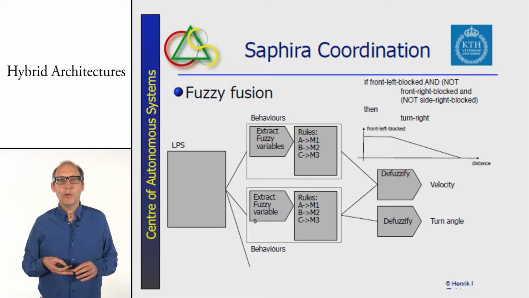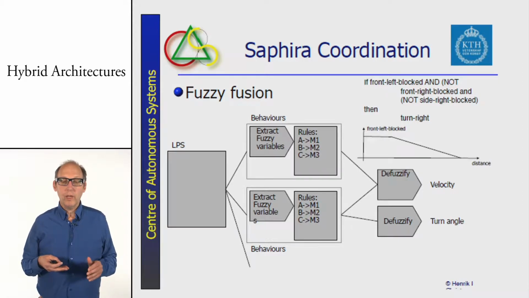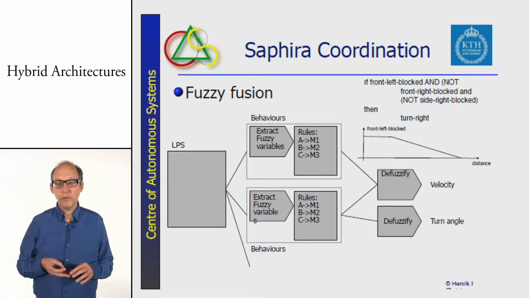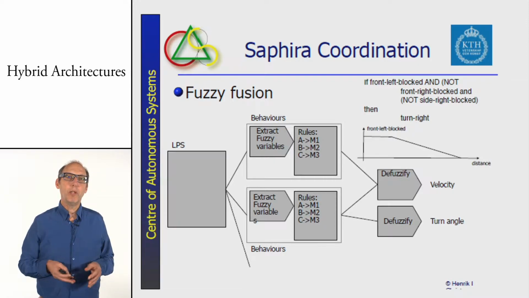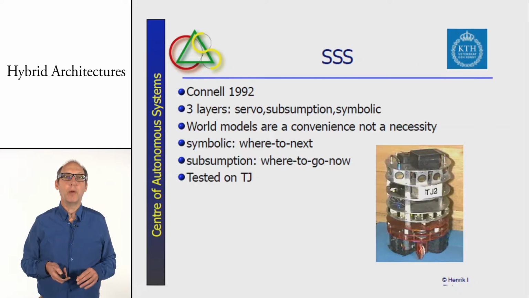So you are a little bit tall or a little bit small, and based on that you decide on certain rules. And you can say a little bit to the left or a lot to the left. And once you have decided what to do, you can then defuzzify that again into what a little bit to the left actually means in velocity and in steering angle.